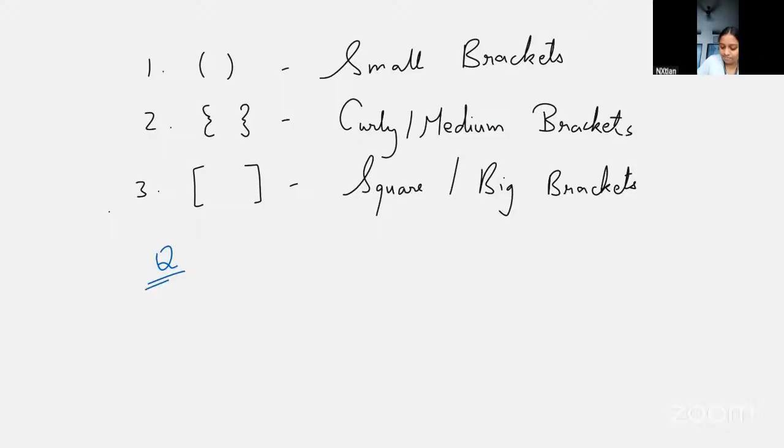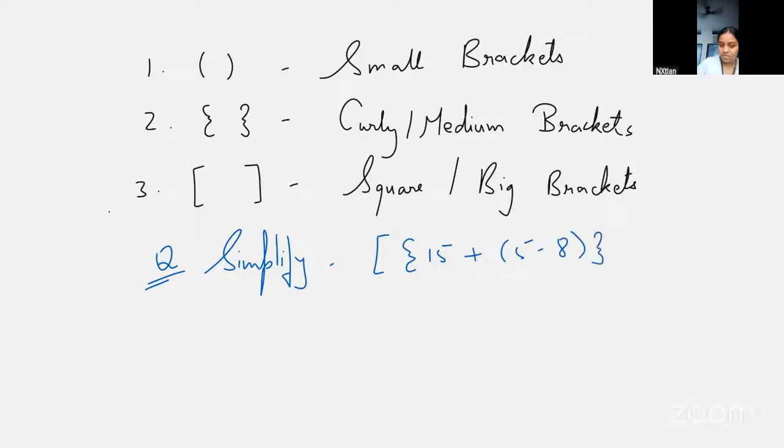simplify 15 plus 5 minus 8 divided by 6.